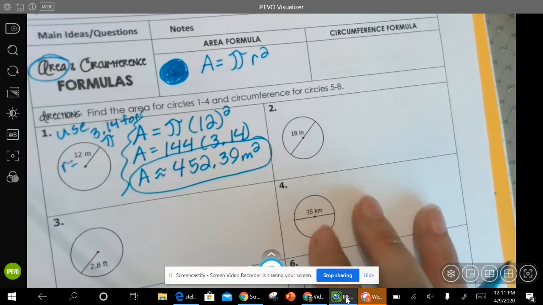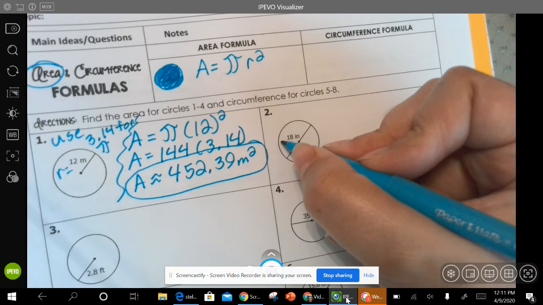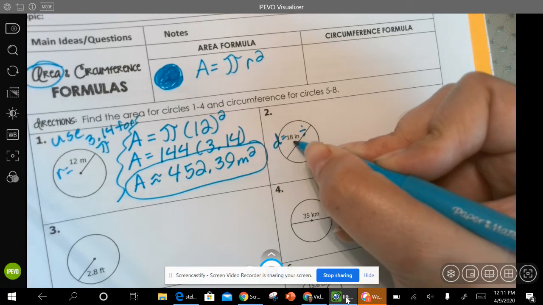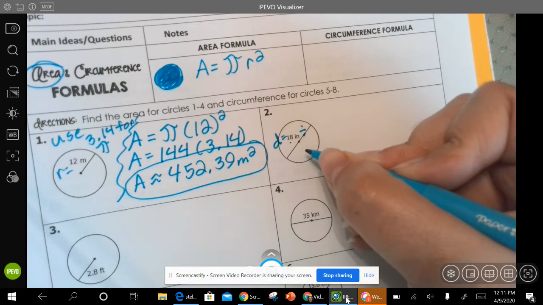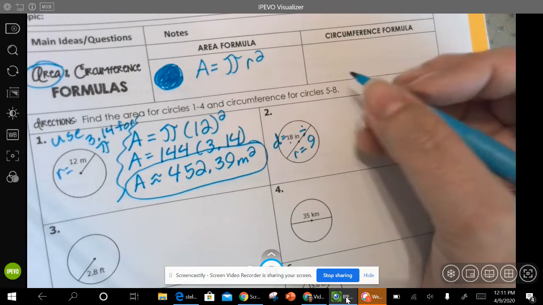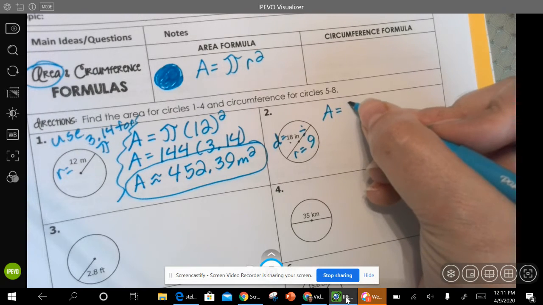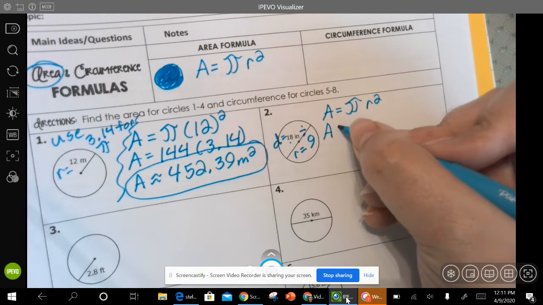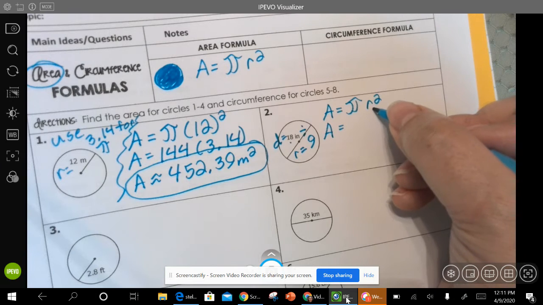If we have the diameter, that goes all the way across, so I need to take half. Half of 18, or think of half of $18, everybody, is 9. So the radius is 9. Just remember, for the area of a circle, radius is what you need.